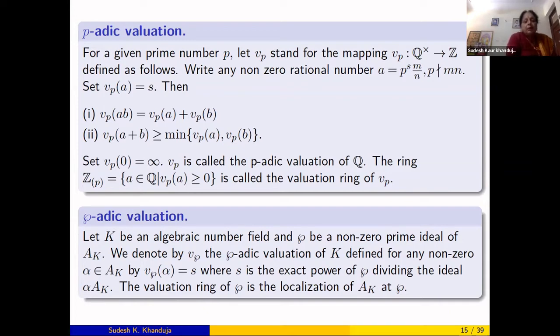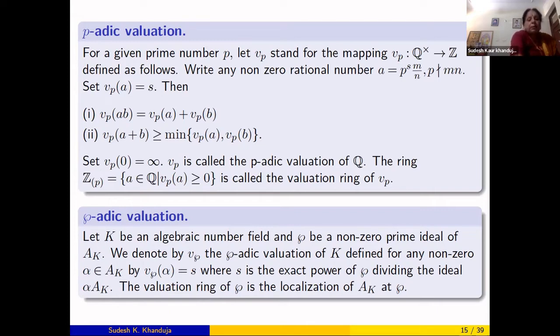Just as for ordinary integers, there is a unique factorization property in AK for any algebraic number field K. That is, every non-zero ideal of AK can be uniquely written as a product of powers of prime ideals of AK.